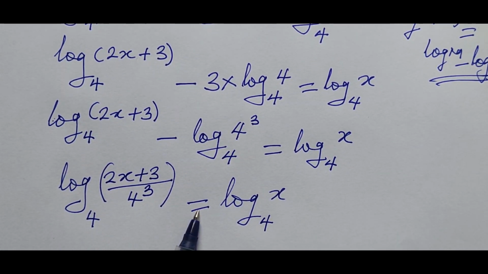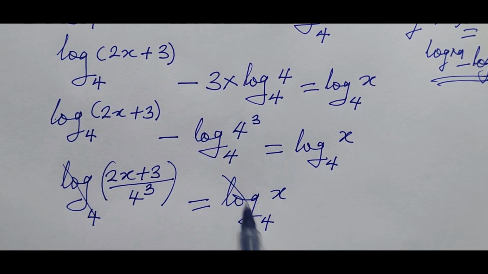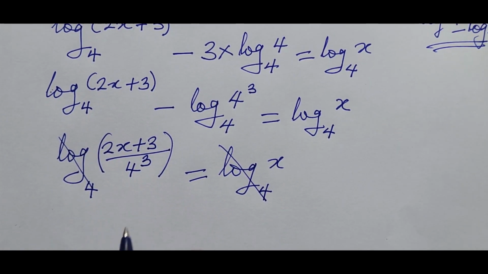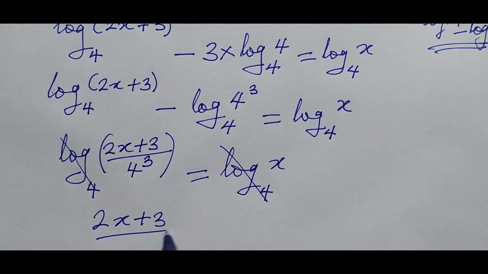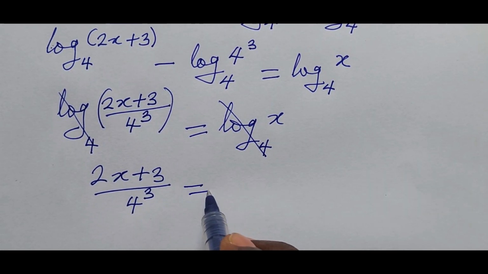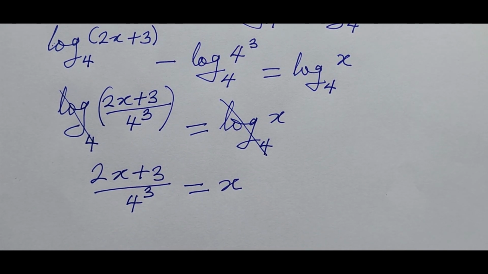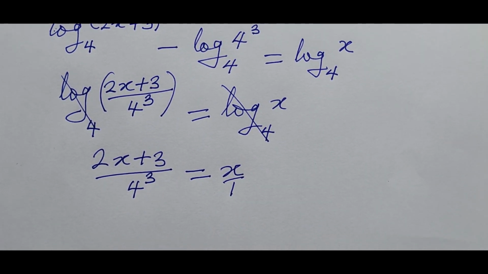Now we have an equality sign, and here we have log base 4 on both sides, so this goes with this. We now have (2x + 3) all over 4 to the power of 3 equal to x. So we cross multiply, or multiply through by 4 to the power of 3.